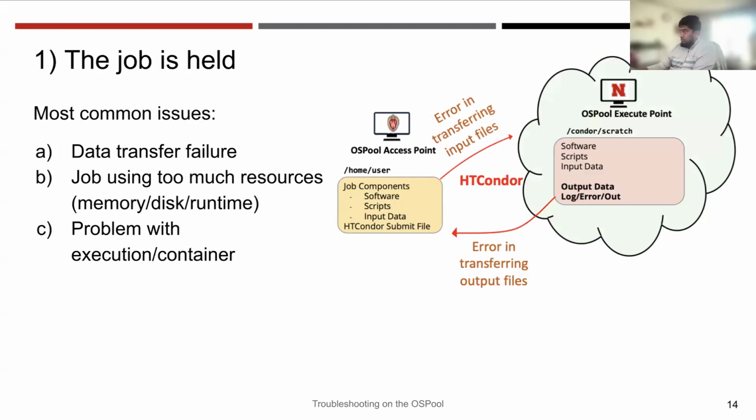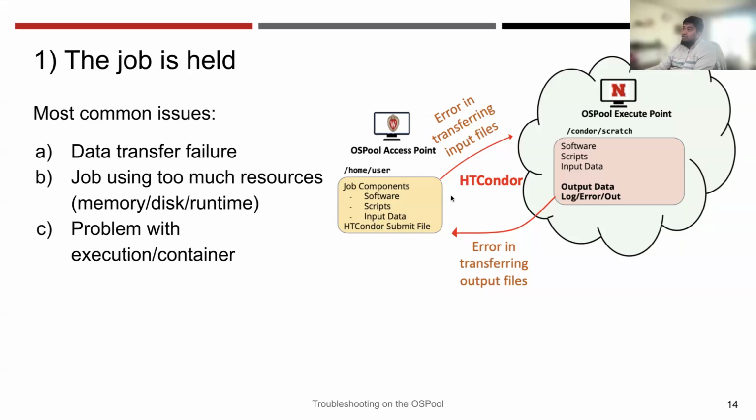And this is just to give you a brief overview of what is involved in running a job on the OSPool side. Whenever you're submitting a job on the access point, your calculations are not running on the access point. It's running on a machine that we call an execute point. So in the job submit file, you define everything: your required files, your input files, your executable.